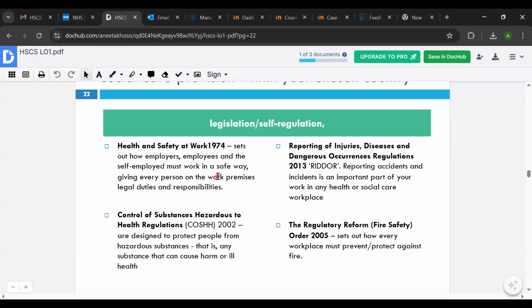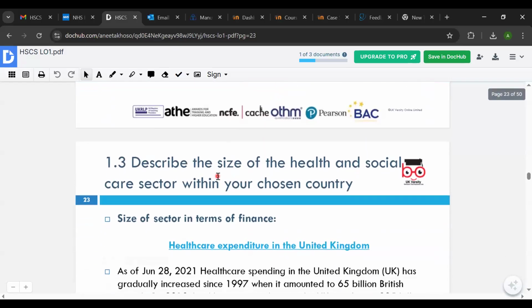Then there's the Reporting of Injuries, Diseases and Dangerous Occurrences Regulations, RIDDOR 2013. This is reporting accidents and incidents, which is an important part of work in any health or social care workplace. Then there's the Regulatory Reform Fire Safety Order 2005, which sets out how every workplace must prevent or protect against fires.